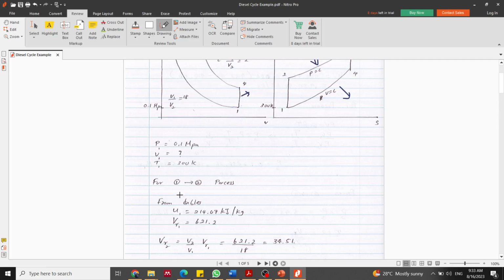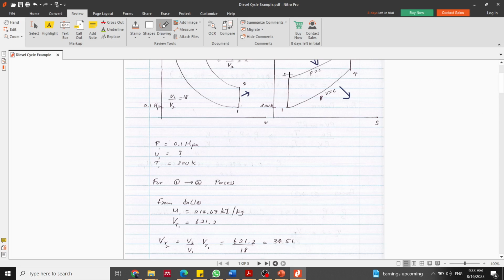Then for the process 1 to 2 we can apply v2 divided by v1 equals vr2 divided by vr1, which is the compression ratio. So we can formulate this using the compression ratio. Therefore vr2 equals 621.2 divided by 18, which becomes 34.51.